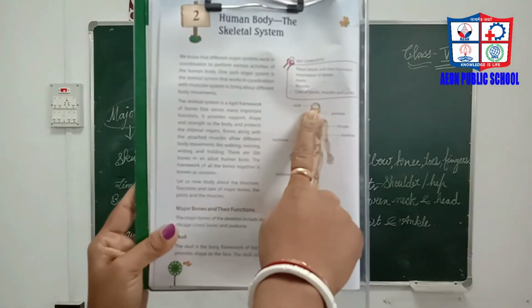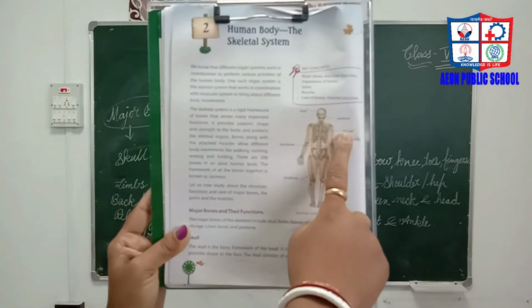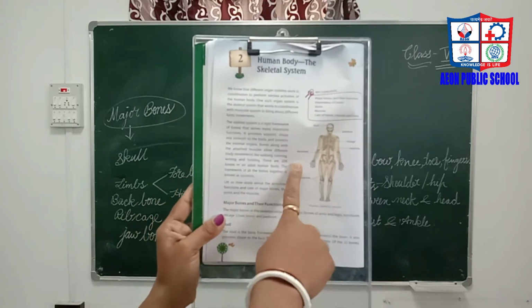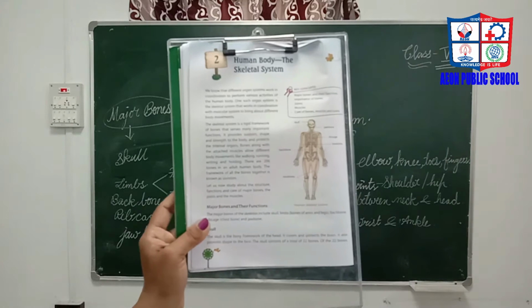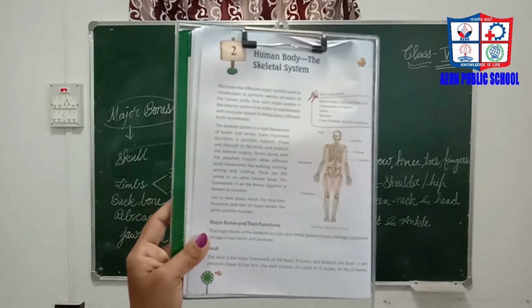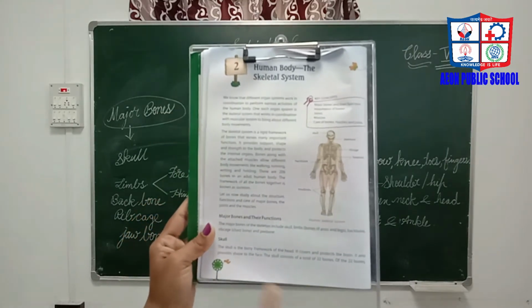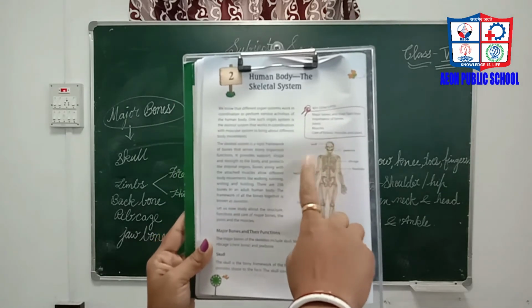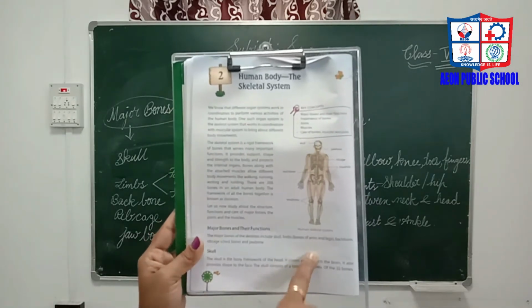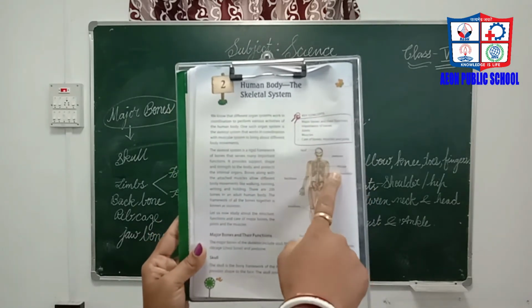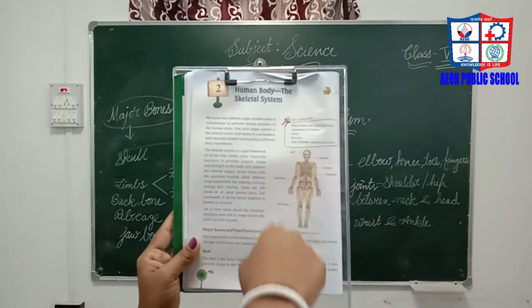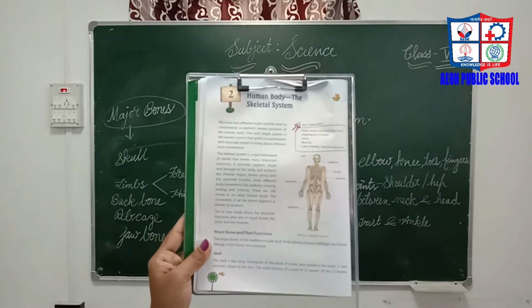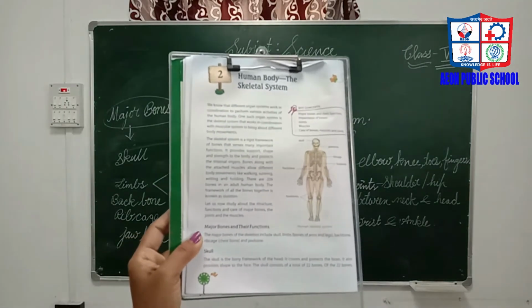This is the skull, jawbone, rib cage, forelimbs, backbone and hind limbs. Once again, this is the skeletal system: skull, jawbone, rib cage, forelimbs, backbone, hind limbs. This whole thing is the human skeletal system.